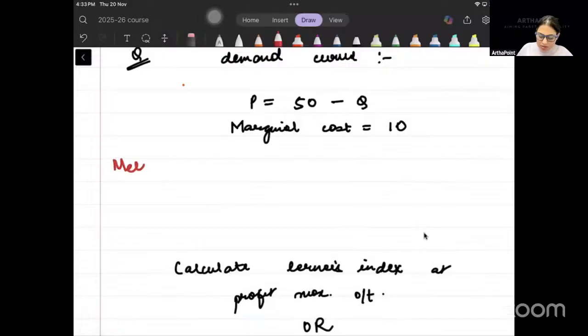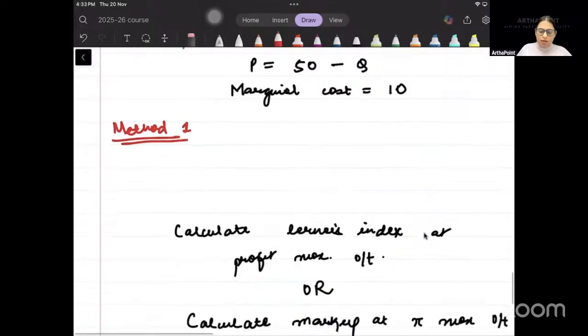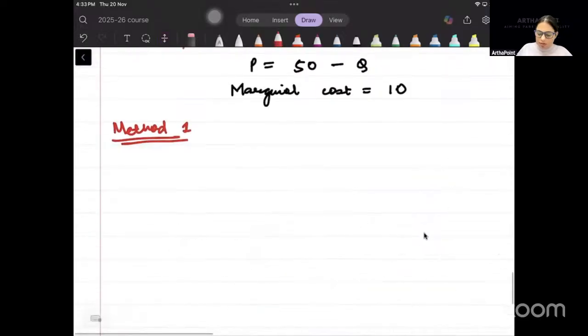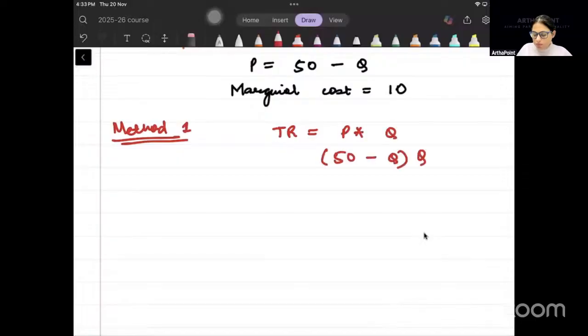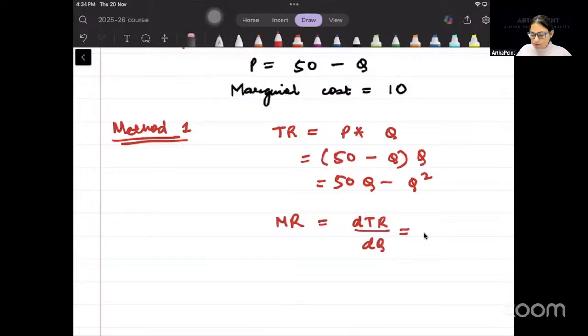Method 1. In method 1 we'll find total revenue. It will be price into quantity. We'll find marginal revenue, differentiate total revenue with respect to quantity.